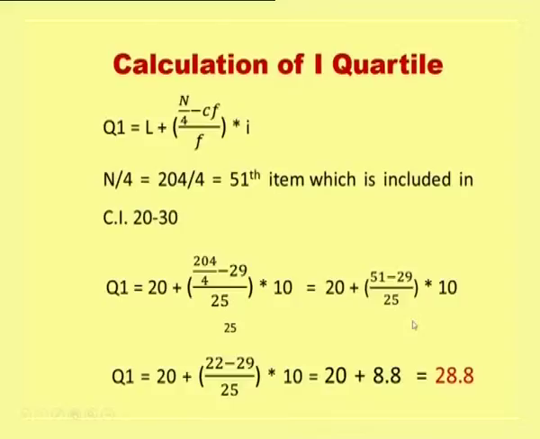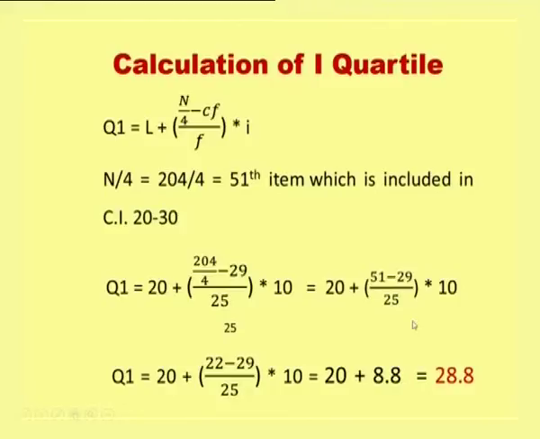So again, let me repeat: L is the lower point of the class interval containing the first quartile, n is the total number of items, Cf is the cumulative frequency of the class prior to the first quartile class, F is the frequency and I is the class interval.